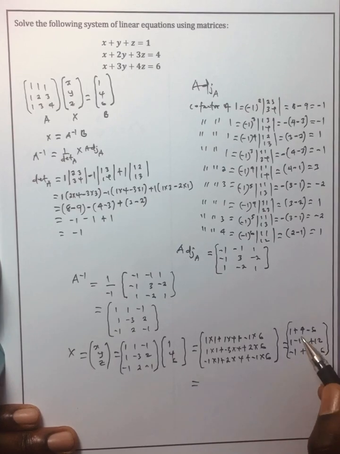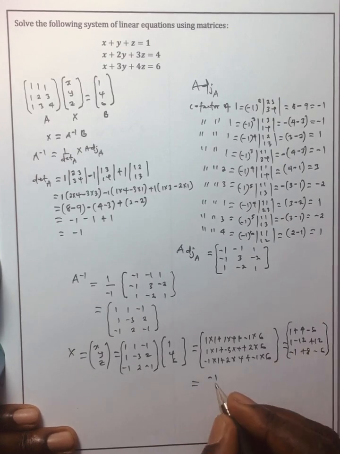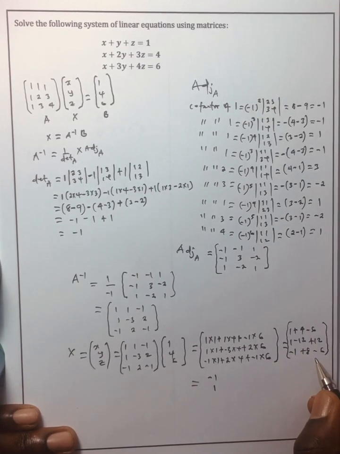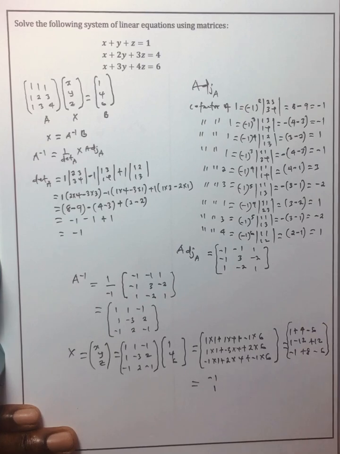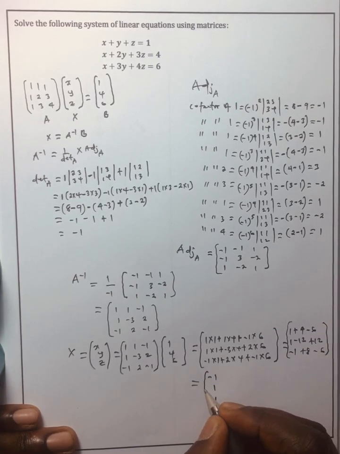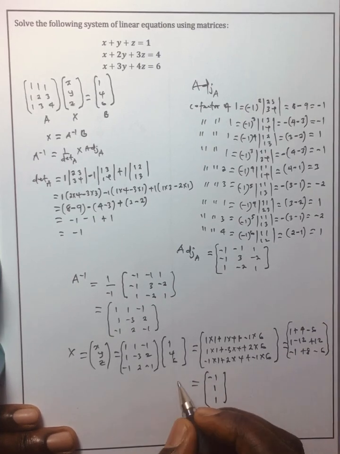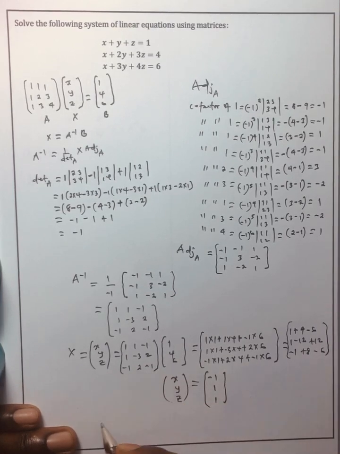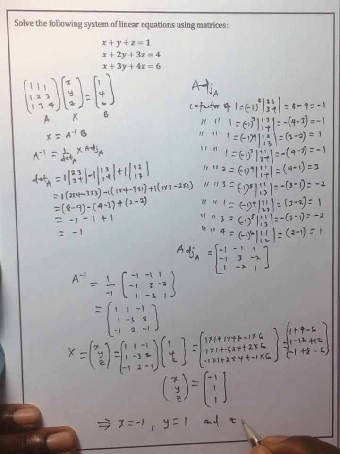So this will be 5 minus 1, that is negative 1. This will be 1, and this one is 8 minus 7, that is also 1. So that is what we have for x, y, z. So this implies that x is equal to negative 1, y is equal to 1, and z is equal to 1.